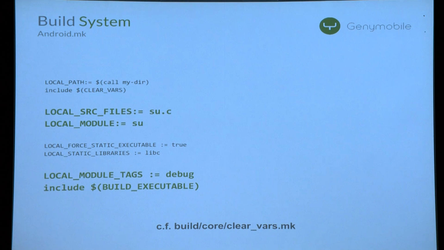So maybe you have already used the little tool that's called SU. It's helping you to get root rights on a computer. Here is the definition of how to build that for your phone, so it's specific to Android. Here, you always start by cleaning what has been done before, so that's why you include the clear vars.